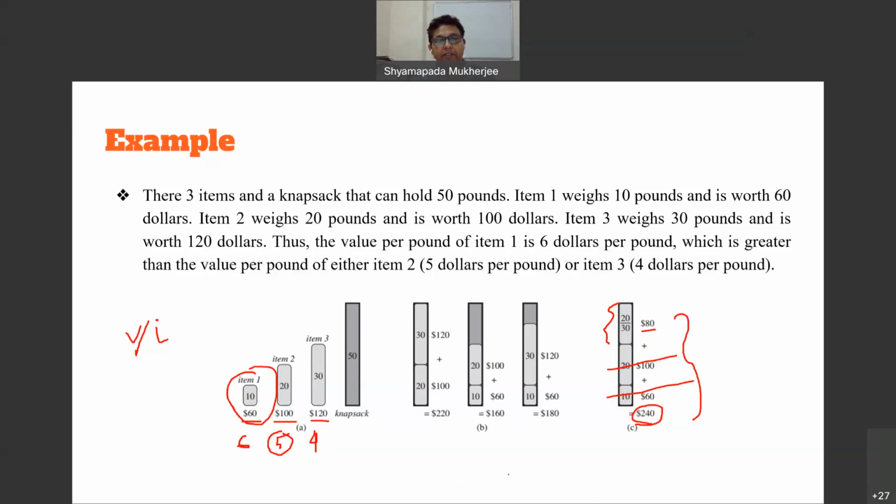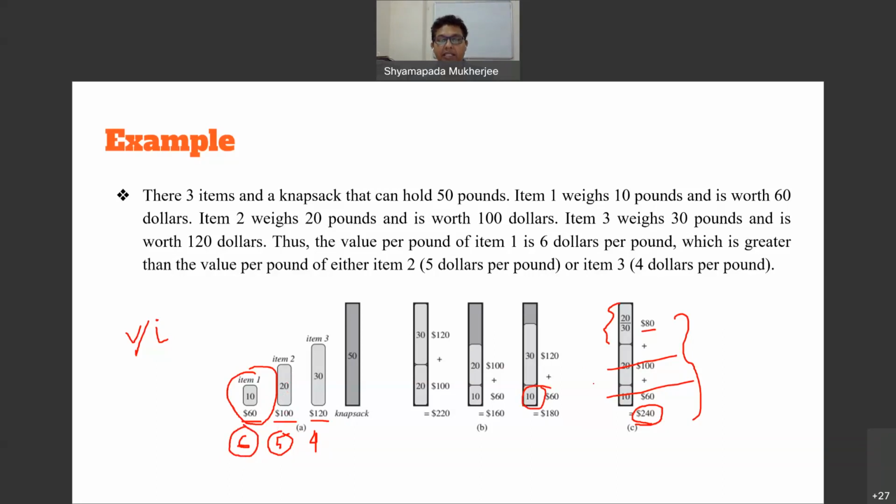But if we use the greedy strategy for the 0 1 knapsack problem, in a similar way, either we take a complete item or we do not take the item. The first item is giving the maximum dollar per pound, 6, so we take this entirely, 10. Then the next item is item 2, so we take this entire thing, but we need to see whether the 20 capacity is available in the knapsack.